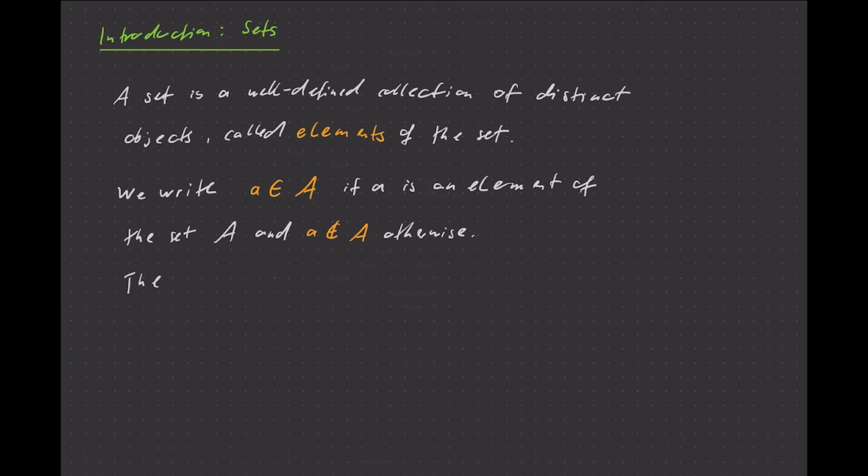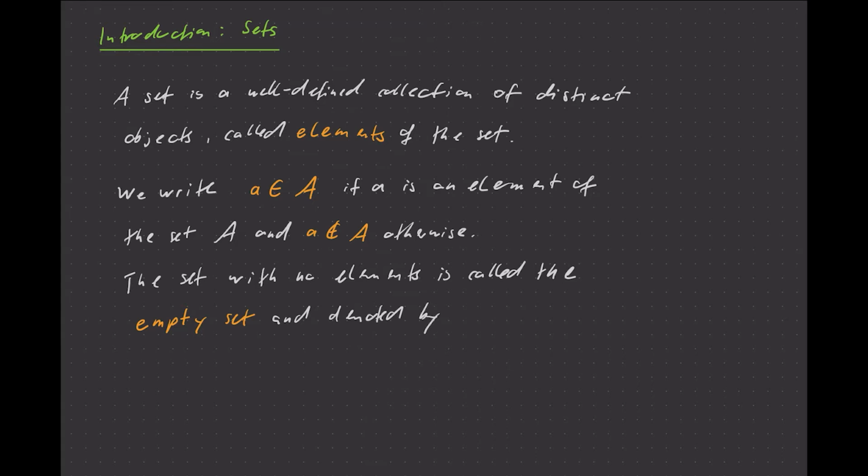So the set with no elements is called the empty set, and denoted by the notation that looks like this, a circle and then a slash through that circle. So this denotes the empty set.